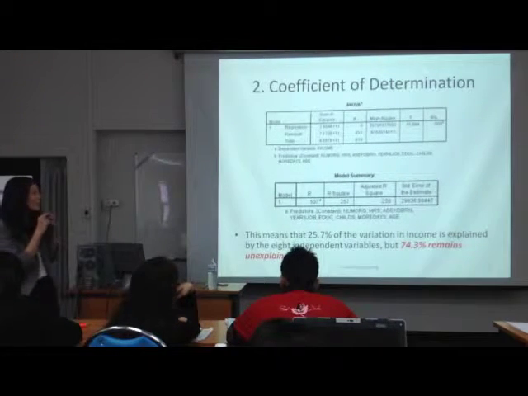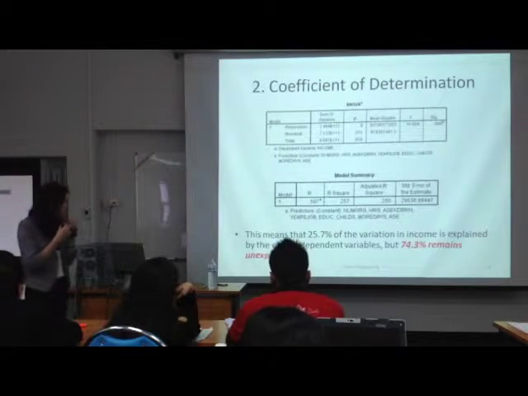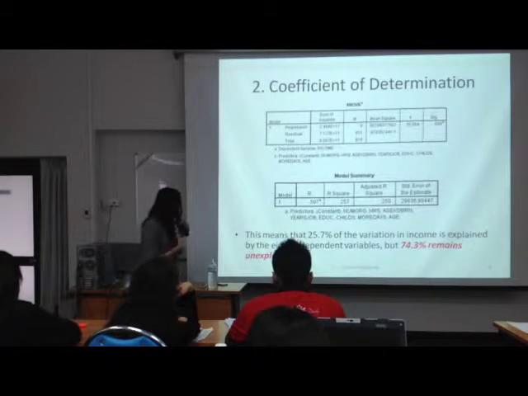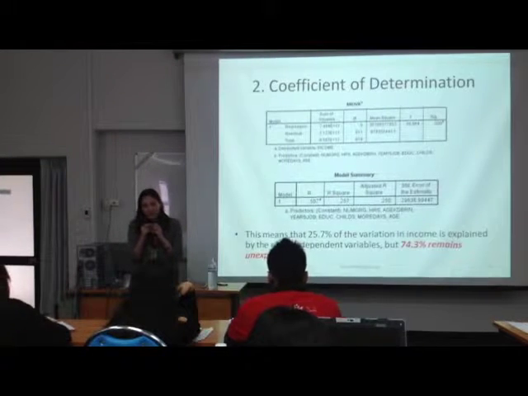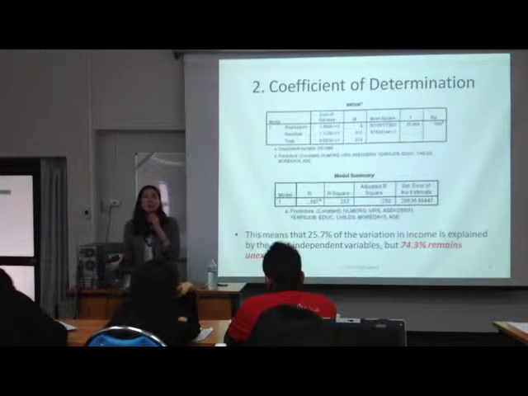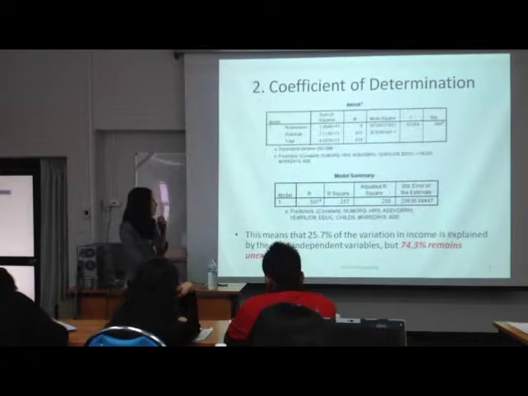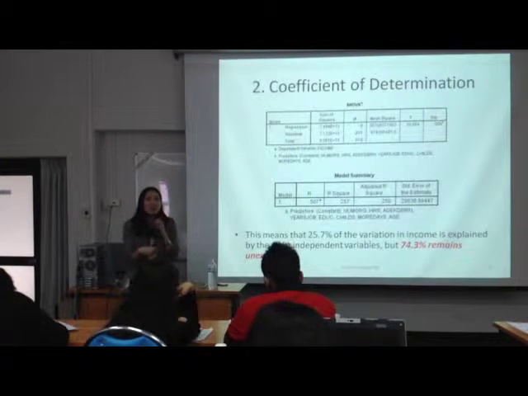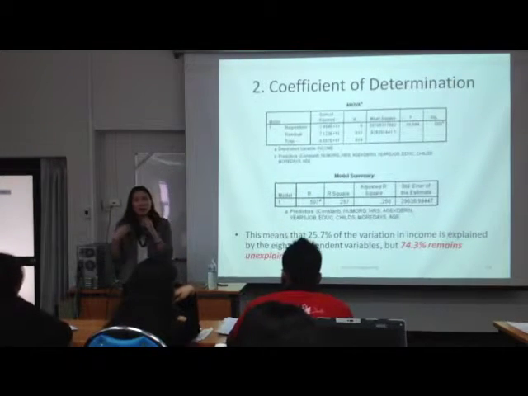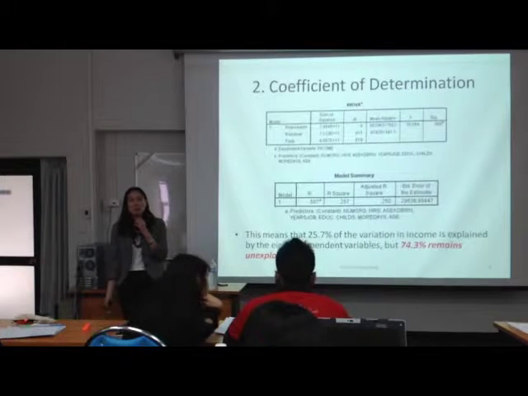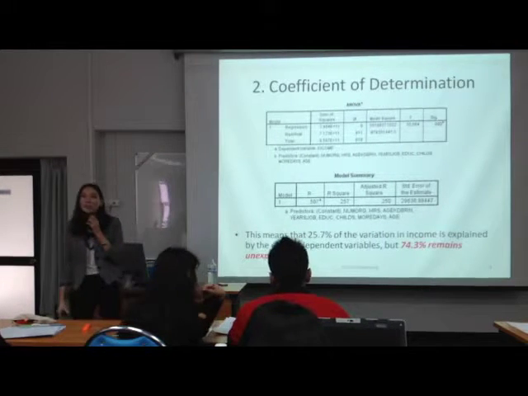Like in social science, many people take sample surveys and perform regression analysis. Usually, R square for those models is very low, maybe 0.4 or 0.3.